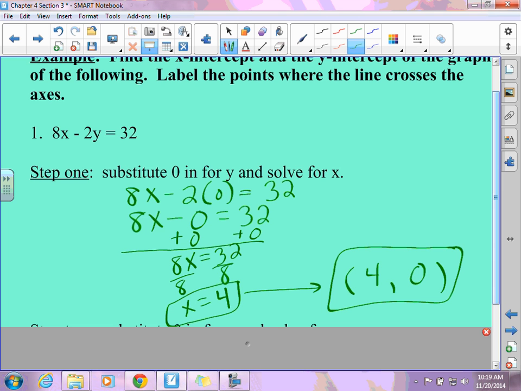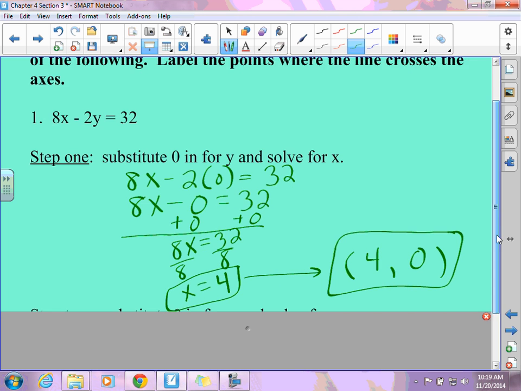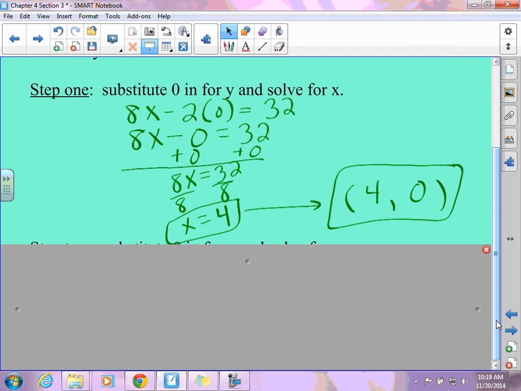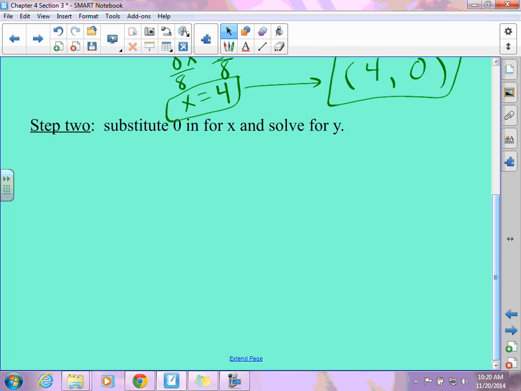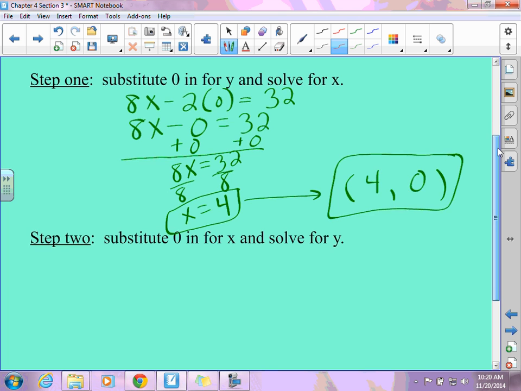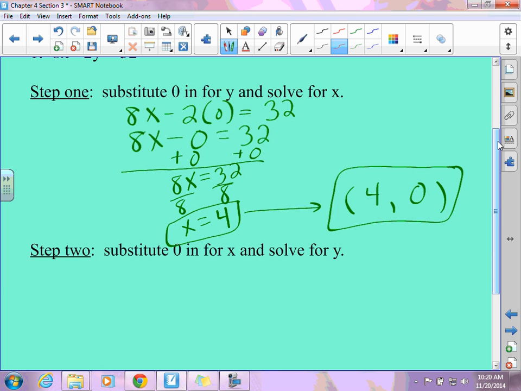All right, let's go to the next one. The next step is we're going to substitute 0 in for x. All right, so I'm going to take the same equation that I had before, and I'm going to go 8 times 0 minus 2y equals 32. 8 times 0 is 0.